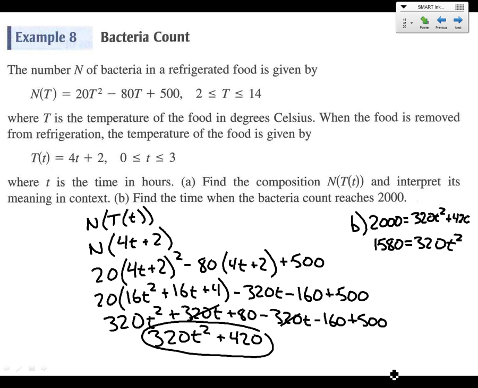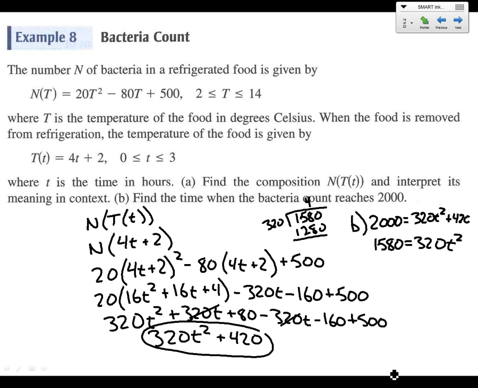Let's see what we got here. If I did 3 times 5, I'd get 1500. So it's got to be a 4 here. 4 times 3 is 1200, and 80.